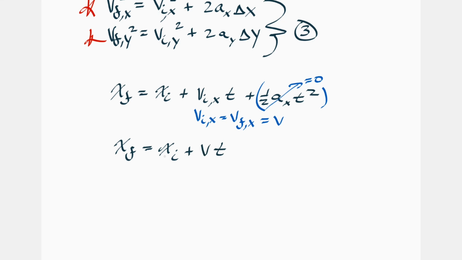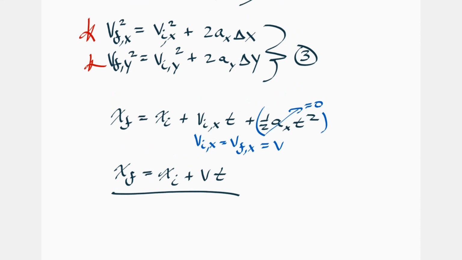And you will recognize that as the equation from the previous video where we talked about constant velocity motion. Okay, so as I said before, constant velocity motion is just a special case of this constant acceleration equation. All we're doing is we take this constant acceleration equation, let's set ax equal to 0. V initial x is just a constant v, and then you've just solved for that equation for constant velocity motion.